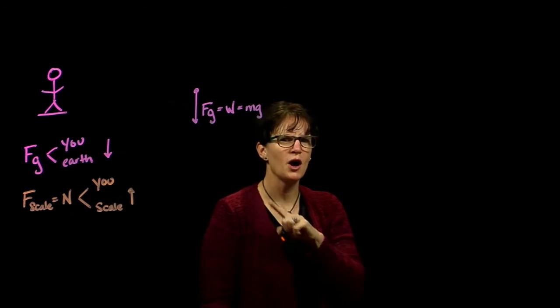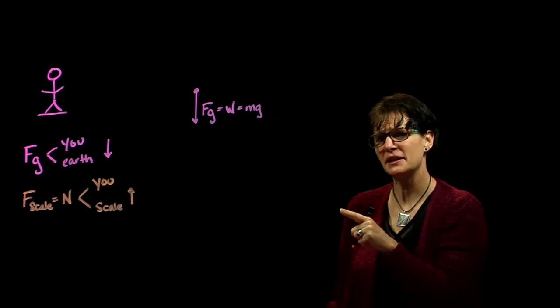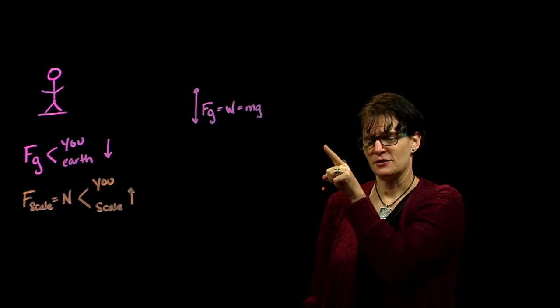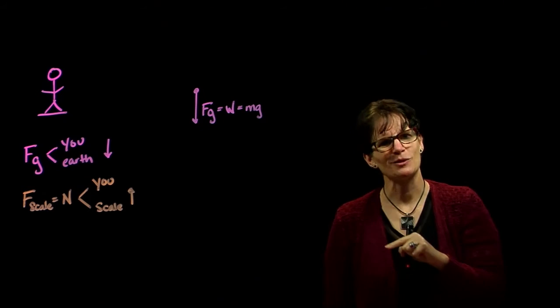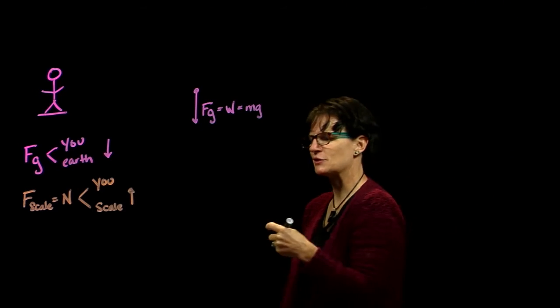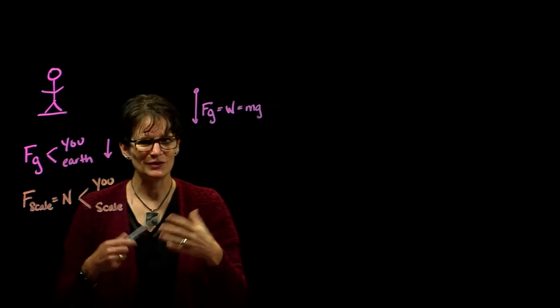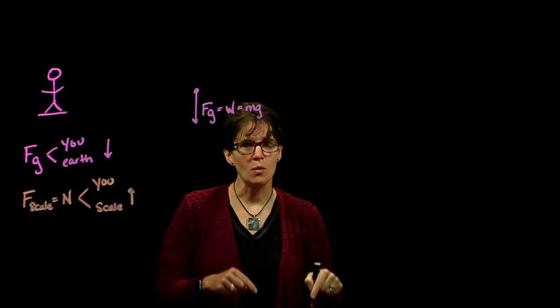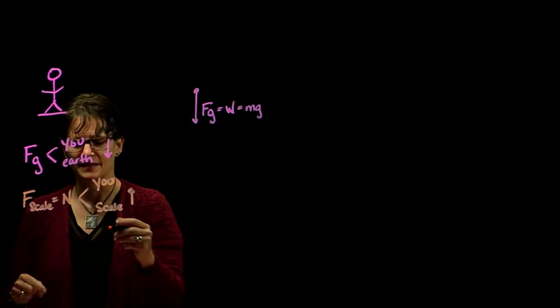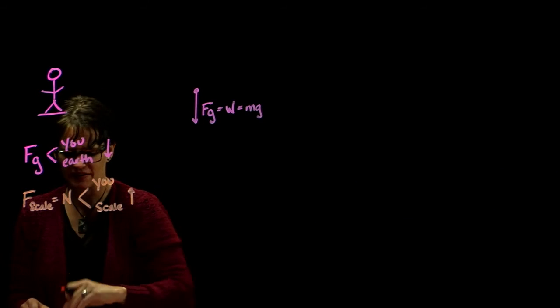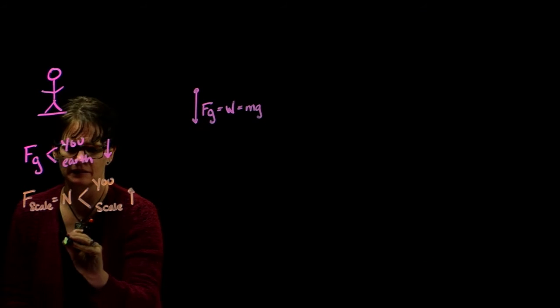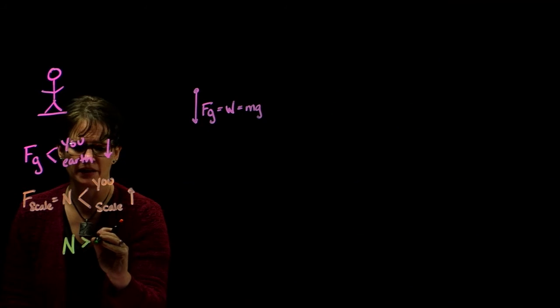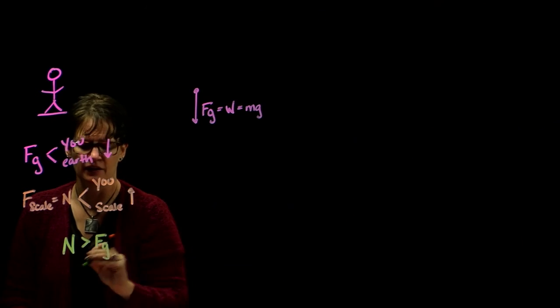Now, before I draw that on the free body diagram, let's revisit what we said we were experiencing. You look down at the scale and you see that the scale reads more than your weight. So we know that the scale force is greater than the force of gravity.